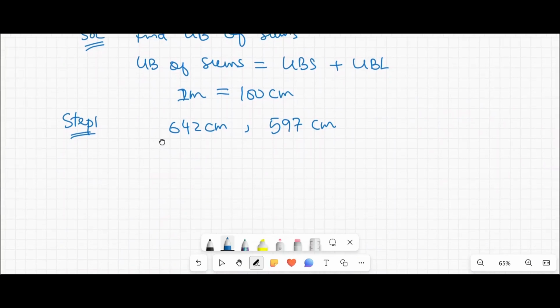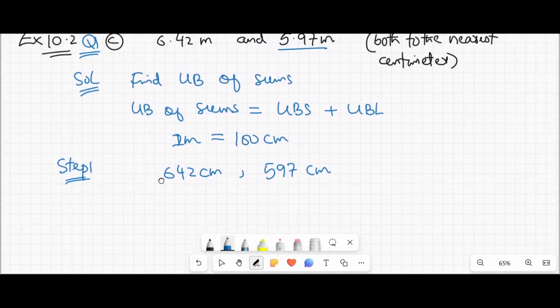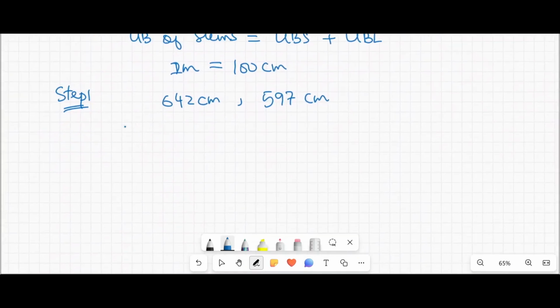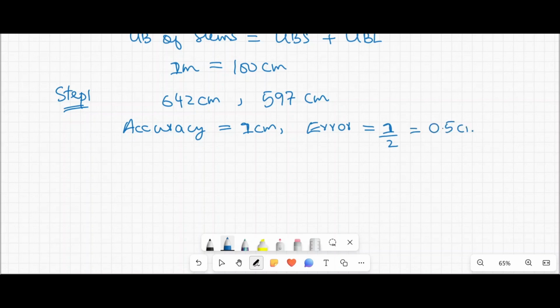Now, both are to the nearest centimeter. So the accuracy here is 1 centimeter, and the error is 1 centimeter divided by 2, which becomes 0.5 centimeter. So this is our error.